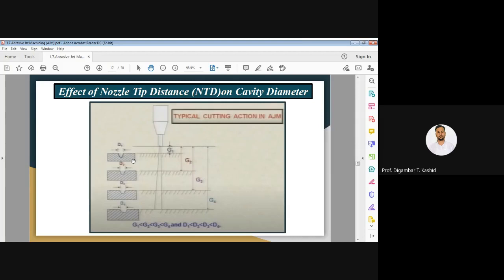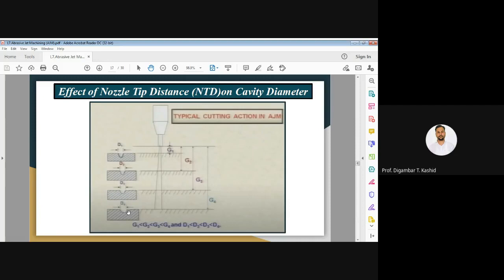Now, if you further increase the nozzle tip distance to G3, then you can see the cavity diameter increases again, D3, which is greater than D2. And if you further increase the nozzle tip distance up to G4, you can see this width has increased further, that is D4.